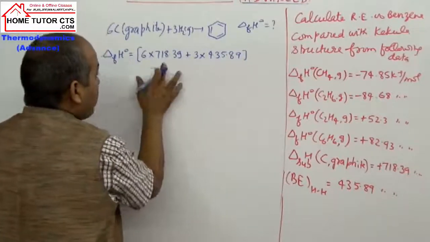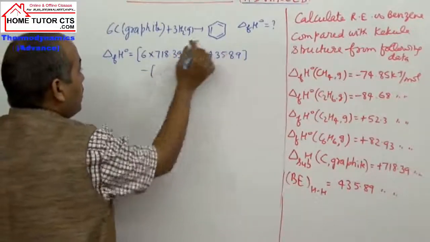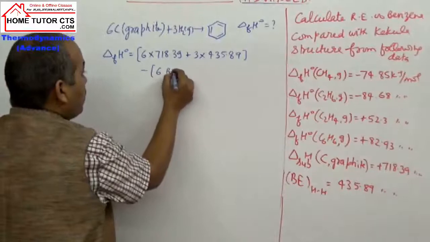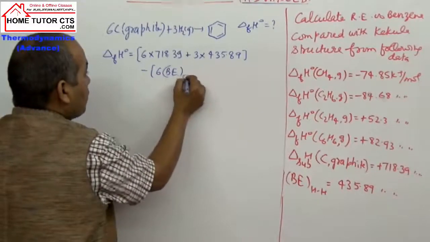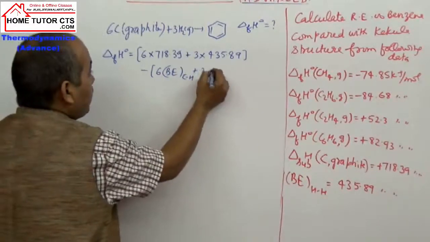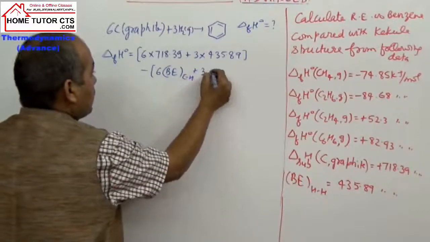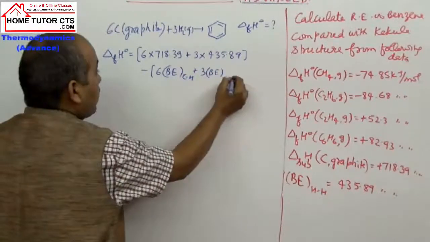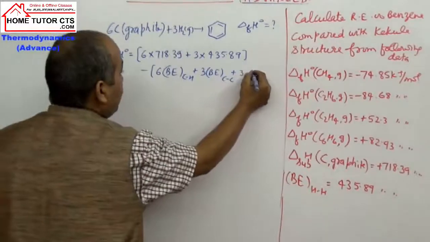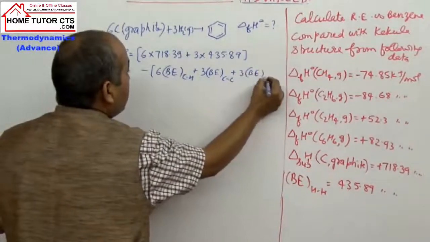And on the product side, how much will we get? In the product we have 6 carbon to hydrogen single bonds plus 3 carbon-carbon single bonds plus 3 into the bond enthalpy of carbon-carbon double bonds.